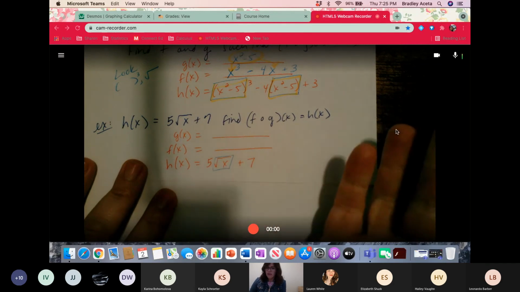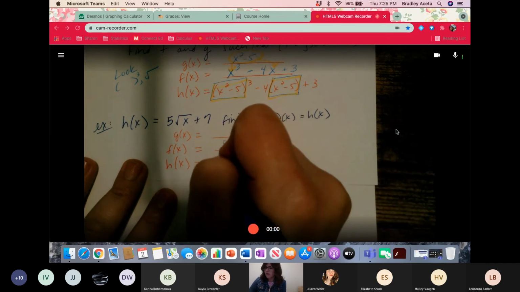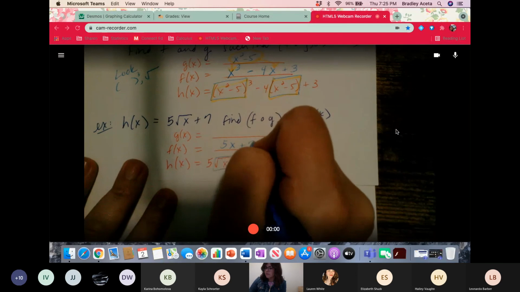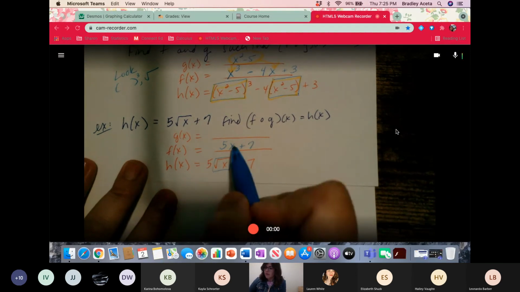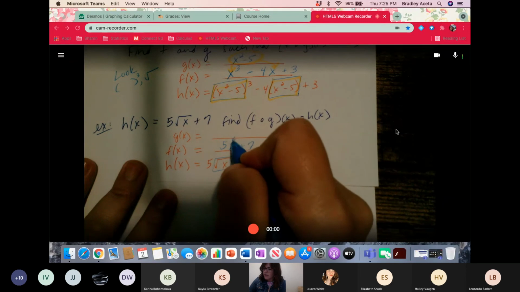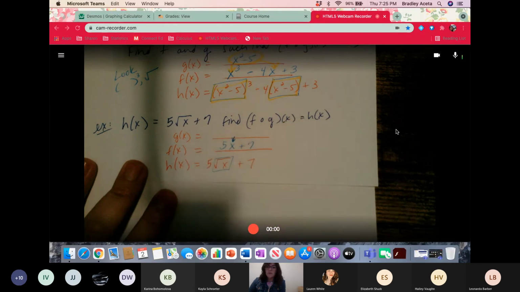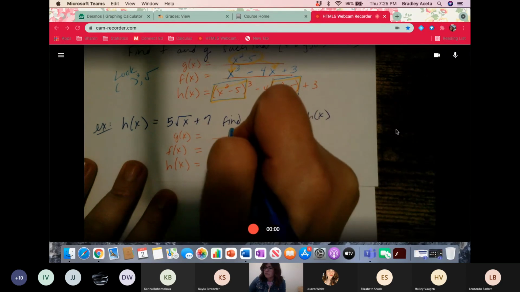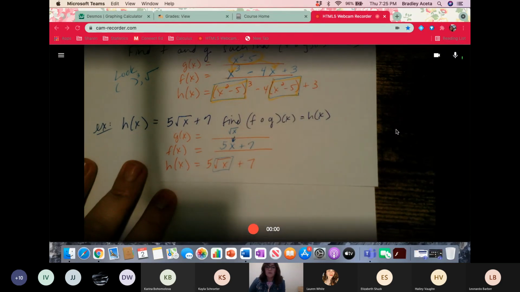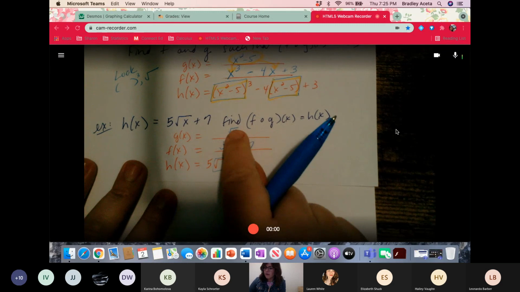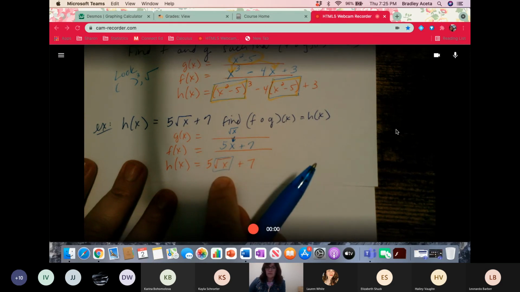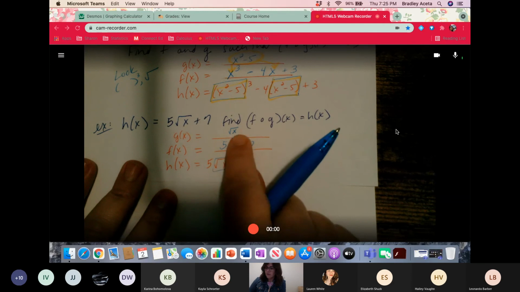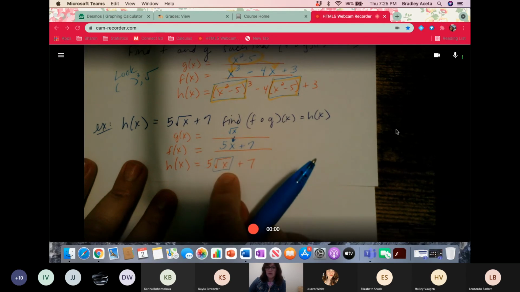Replace it with an x and call that your f of x, 5x plus 7. So then what did I have to plug in here to be my g of x? Well, square root x. If I take square root x and put it right there for x, I would get out that.